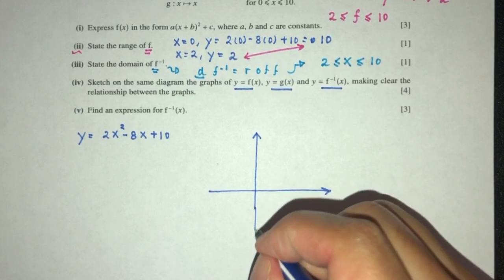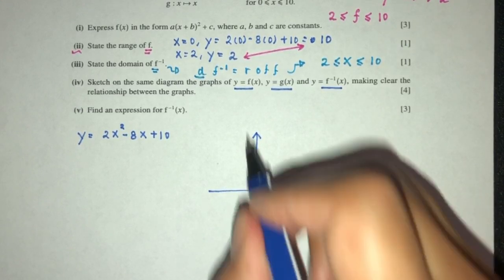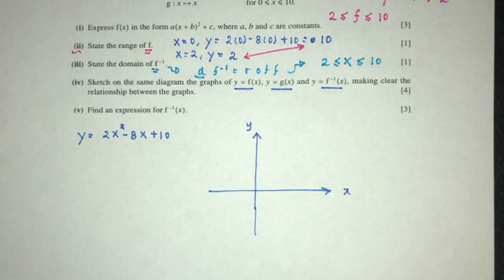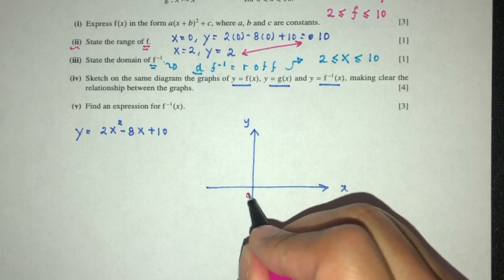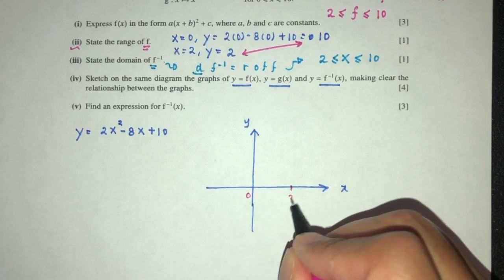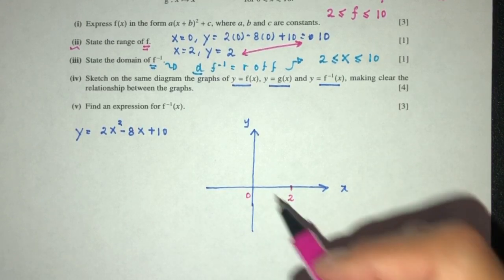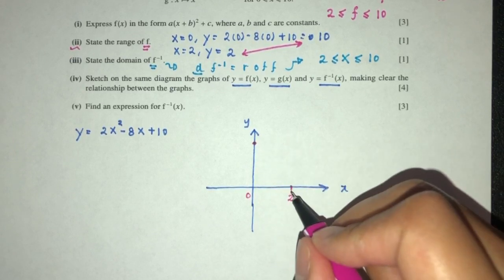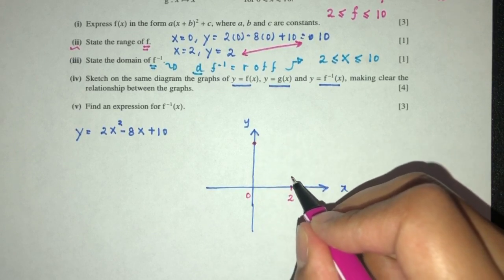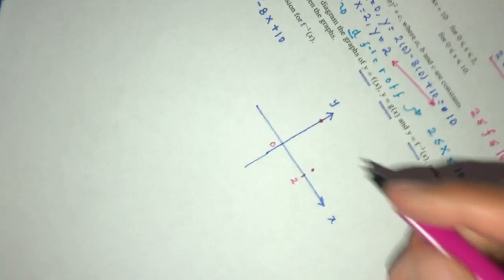This is x and this is y. Now the value of x is between 0 and 2, so let's mark that. We have 0 and the value of 2, let's say it's here. So we know when x is 0, the value of y is 10, and when x is 2, the value of y is 2. So your graph is something like this.